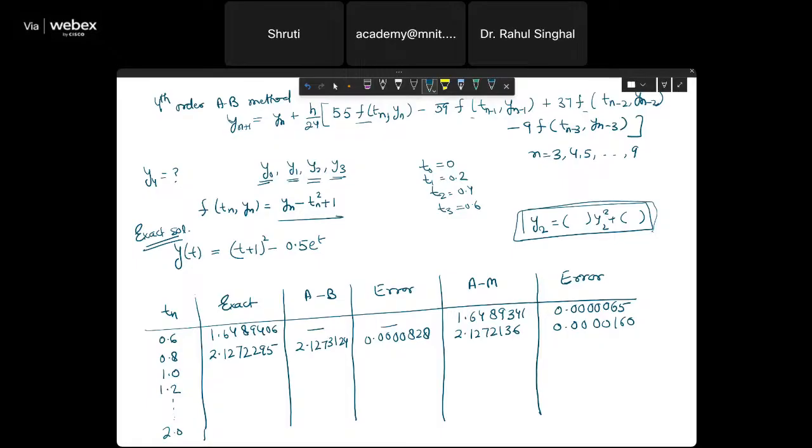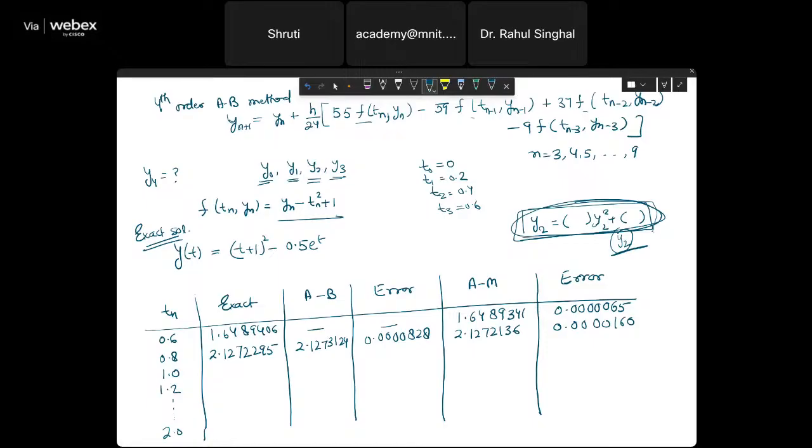Suppose we end up with this situation after applying the Adams-Moulton method; then to evaluate y2 we can use the Newton-Raphson method. With the help of that you can handle this non-linear equation for y2, iteratively calculate y2, and then see the final approximate solution at this step.